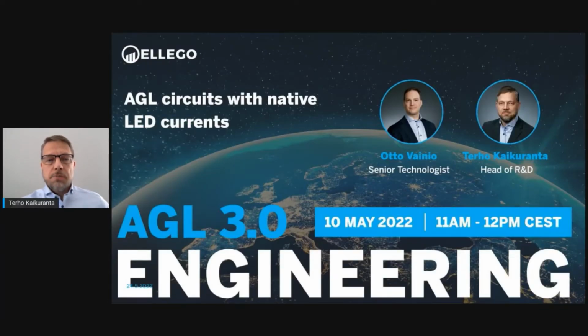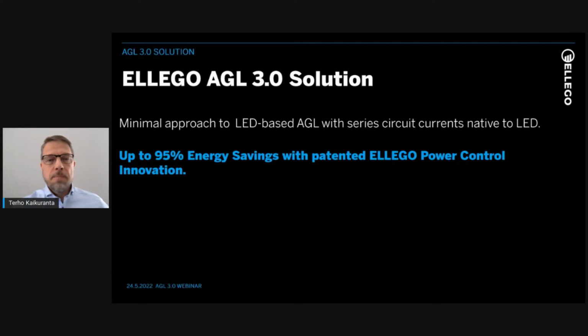To start with, let's first take a look at the webinar 1 key points on the technology side, so that everybody has this fundamental information on what we are talking about in technical terms. We have named this AGL 3.0 solution, meaning that this is the LED-based airfield lighting solution which uses very low currents, which go down to the native LED component current levels.